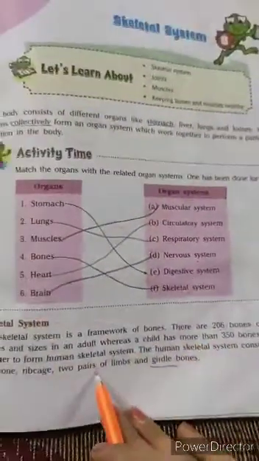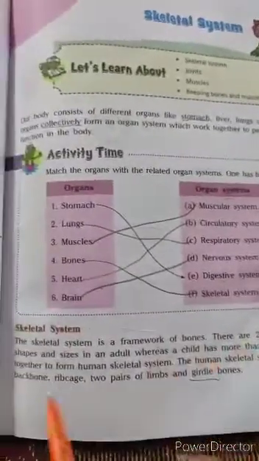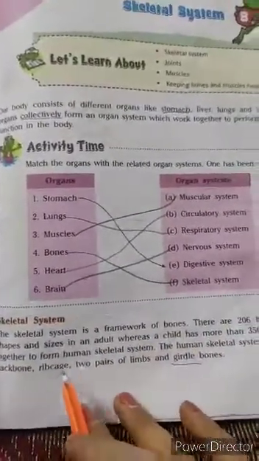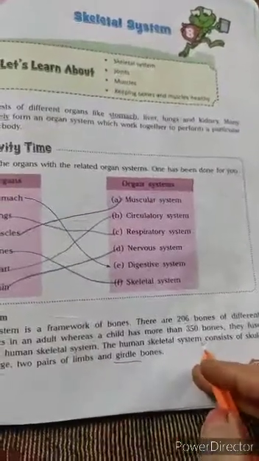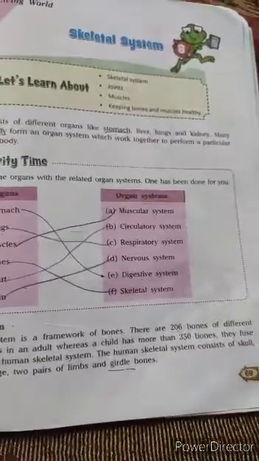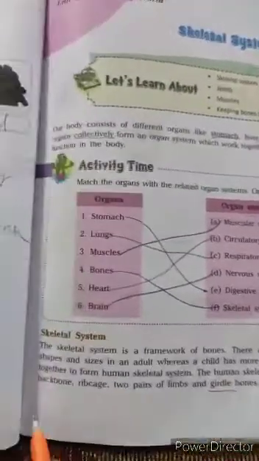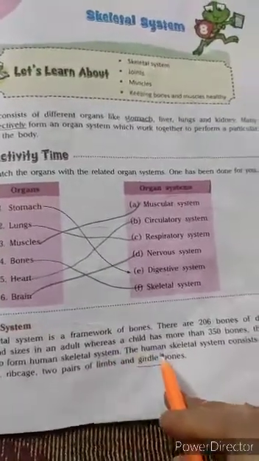Now, the human skeletal system consists of the skull, backbone, rib cage, two pairs of limbs and girdle bones. So students, the human skeletal system has many parts like the skull, backbone, rib cage, two pairs of limbs and girdle bones.